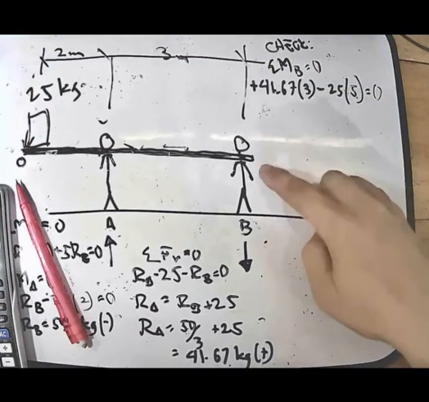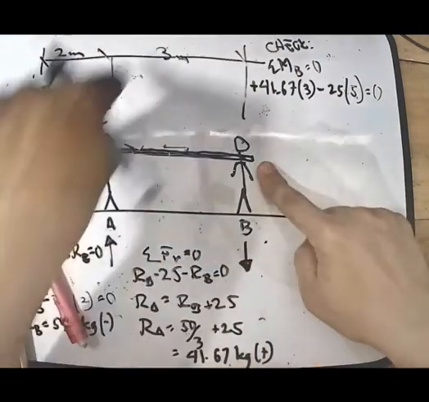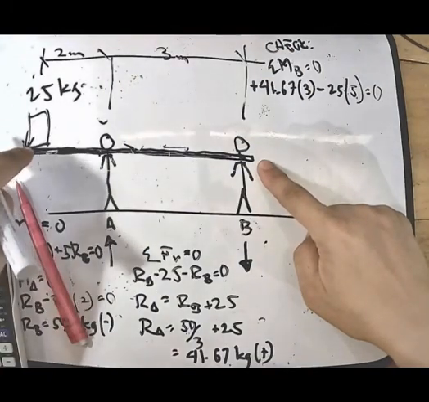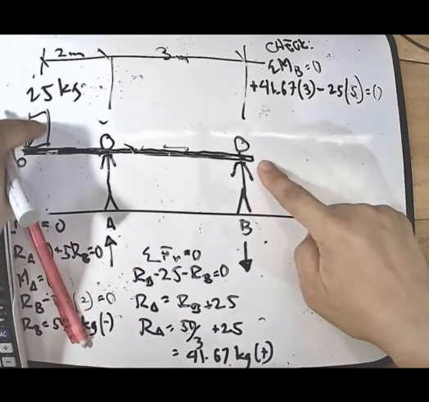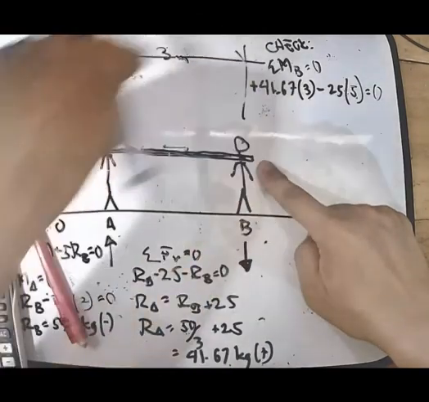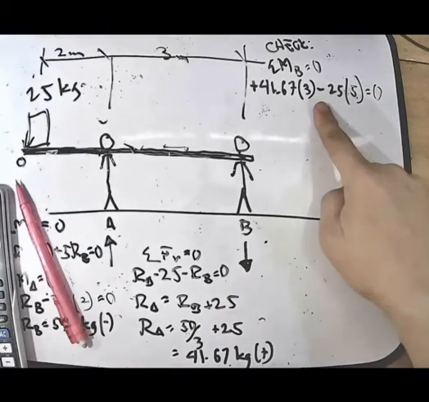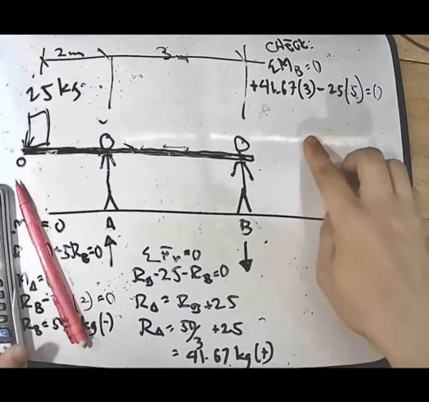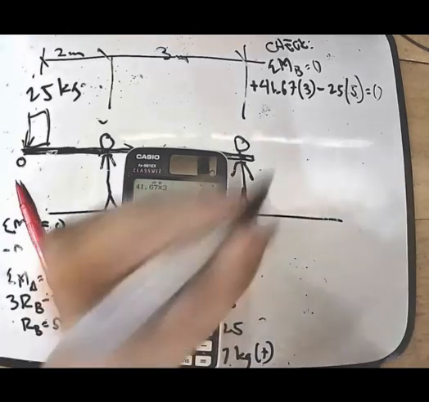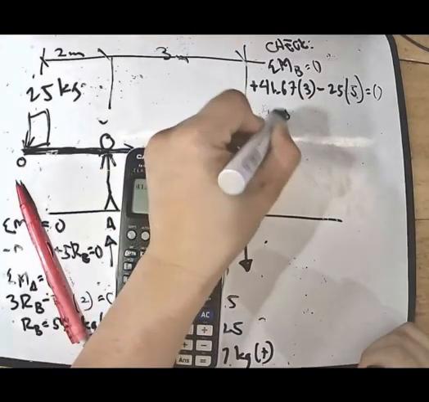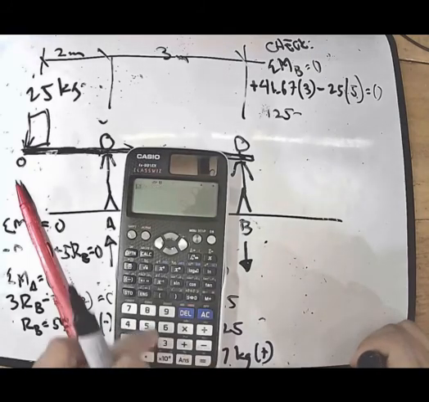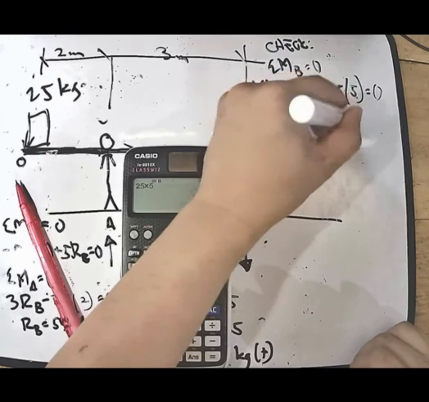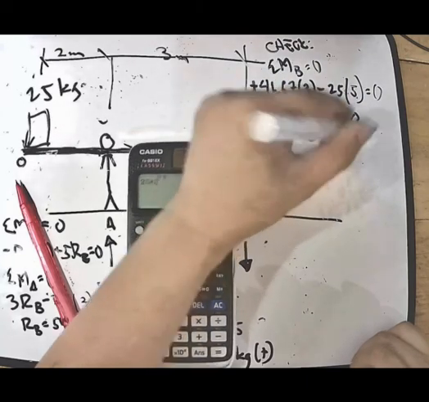Positive ang sign ni A dahil clockwise ang direction niya, reaction at A. Minus 25. Dahil ang direction nitong load would be counterclockwise. So, minus 25 times the lever arm na 5 should be equal to 0. Okay, so let's check. 125 minus 25 times 5 is also 125 equal to 0. So, therefore, check.